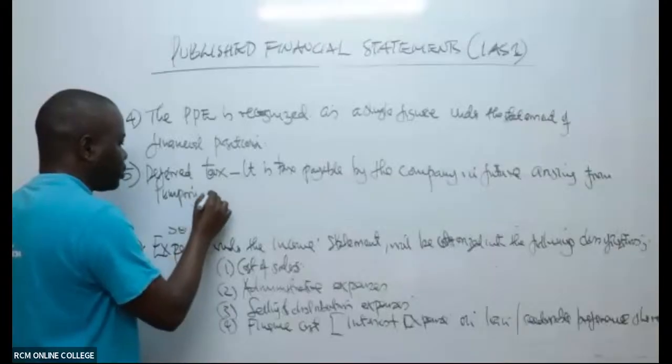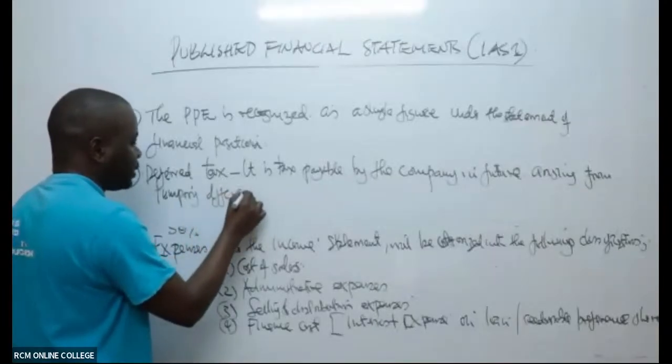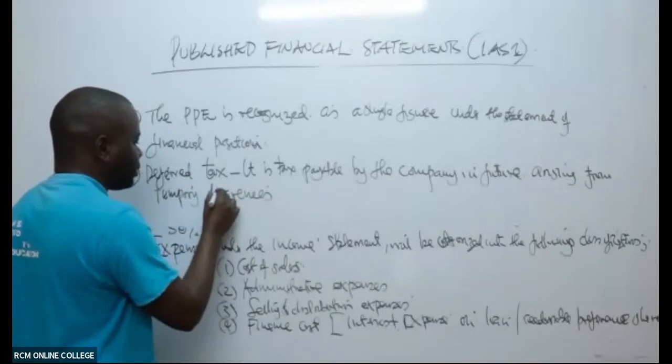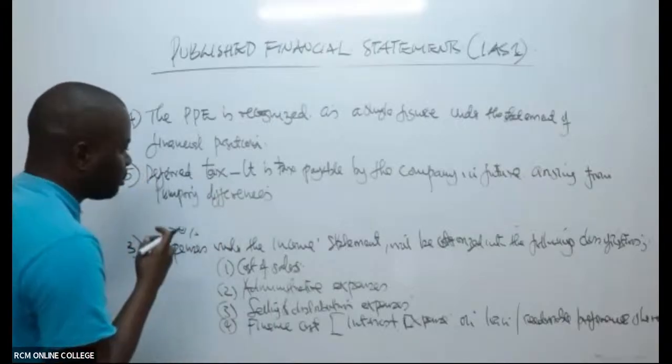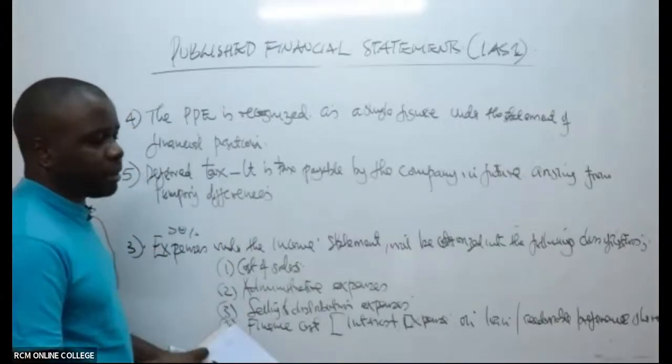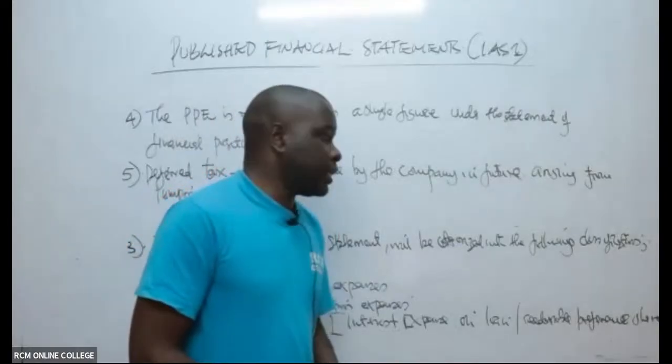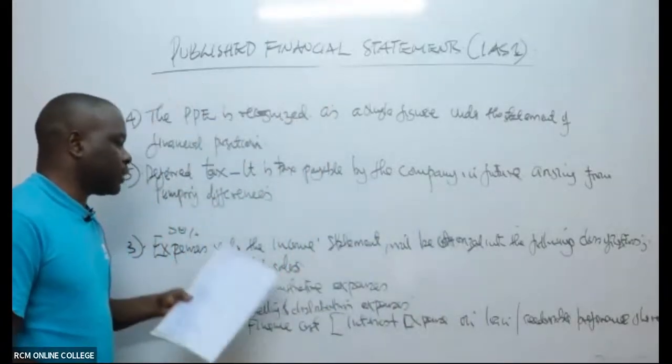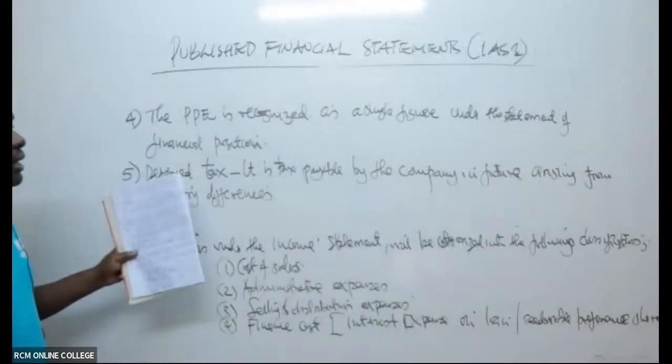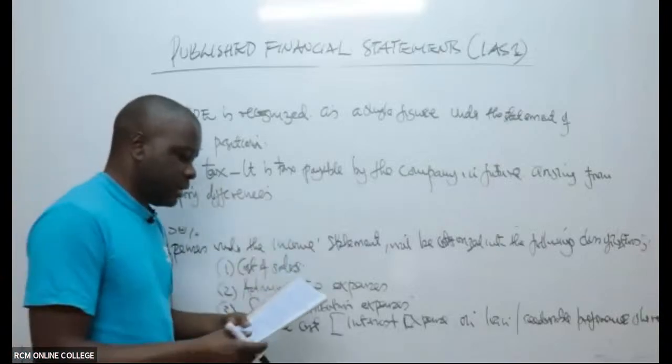I don't know if you can recall how we come up with the temporary differences. You need to go back to that topic and remind yourself. We take the carrying amount minus the tax base. Then to get the deferred tax, we took 30% of the temporary difference, to get the tax to be claimed in future.